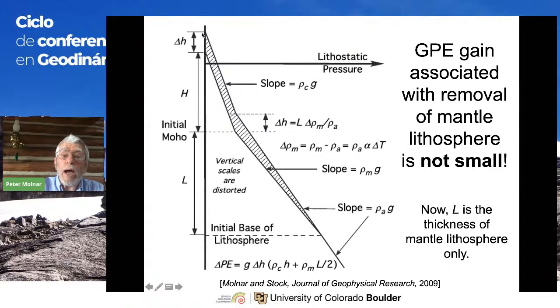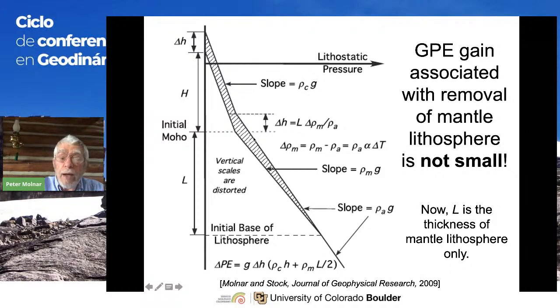Let's suppose the surface rises because you've removed mantle lithosphere by delta H here, change symbols. So the lithostatic pressure increases going down with a slope equal to the crustal density times gravity. And then the MOHO has come up, of course, because the surface has gone up. You haven't changed crustal thickness.